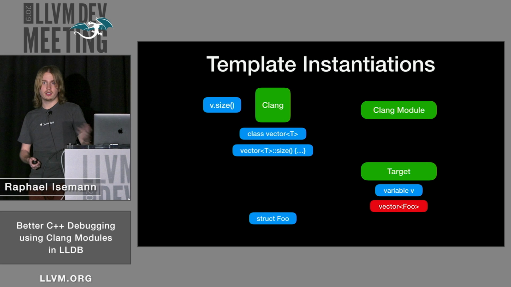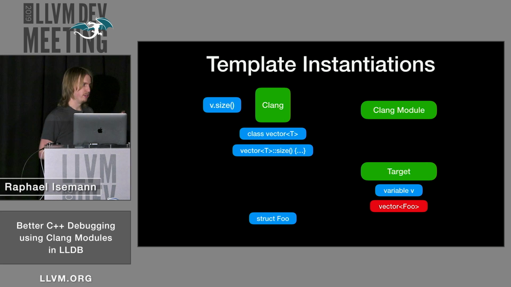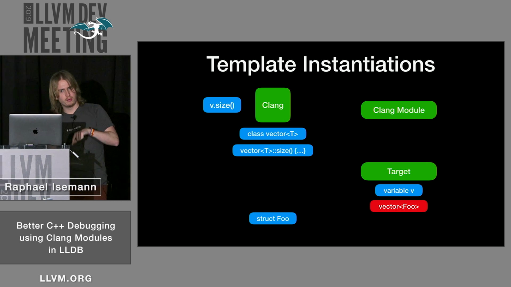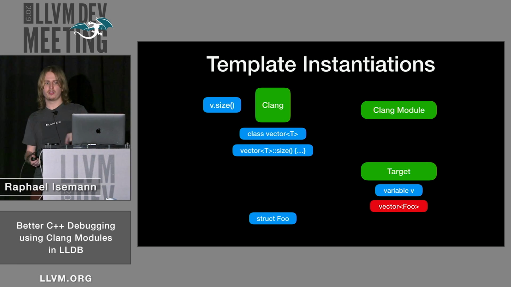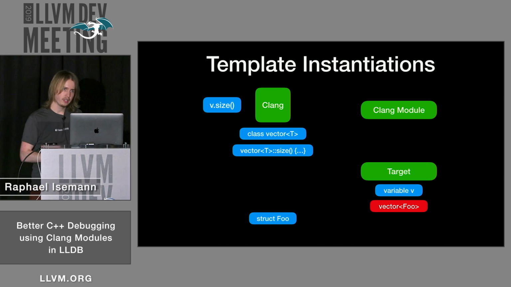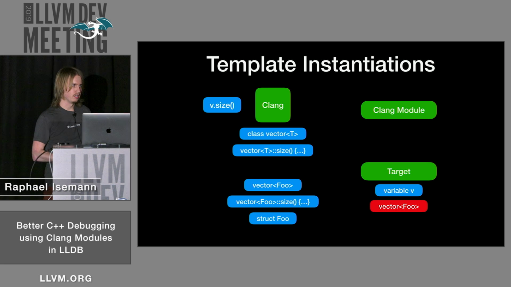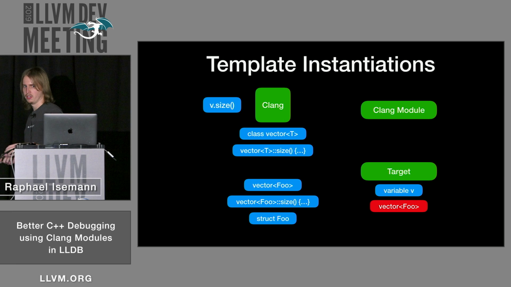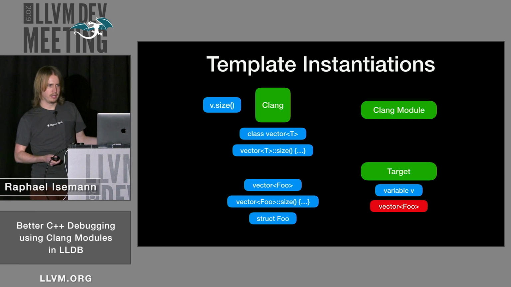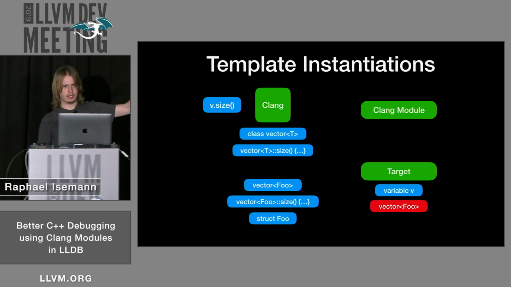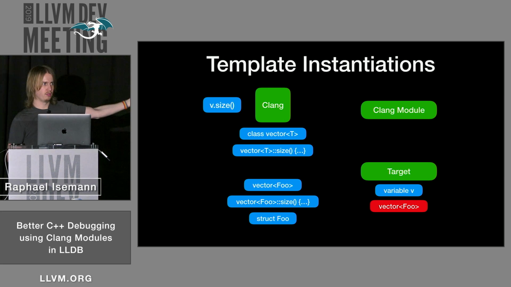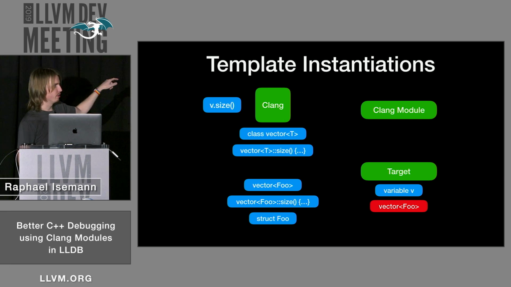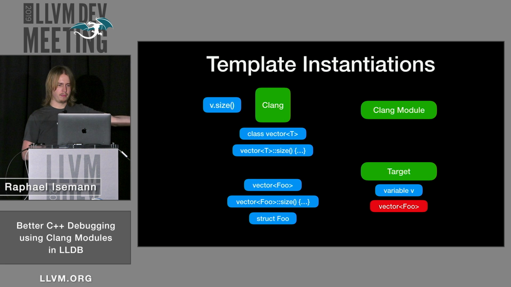And now we say, well, we still need to copy over vector of foo, but this time we have both vector and foo already in the expression AST. So instead of copying over the vector of foo we try to avoid, we instead just instantiate the vector of T template with foo, because we have all the template arguments already in the expression AST. And the good thing is, because we use the vector of foo that we generated from our template, we now have a size function that has a function body.